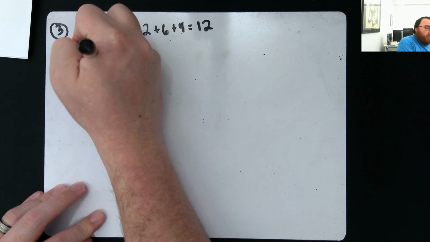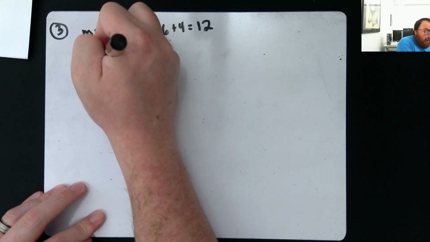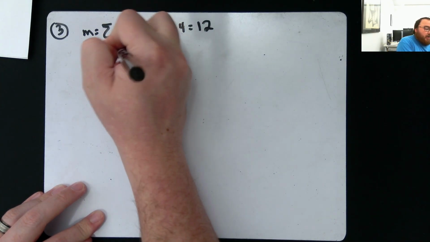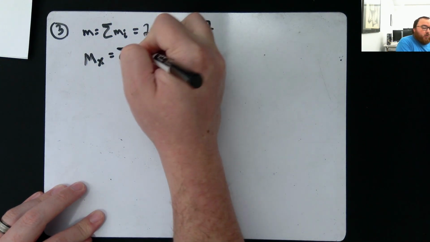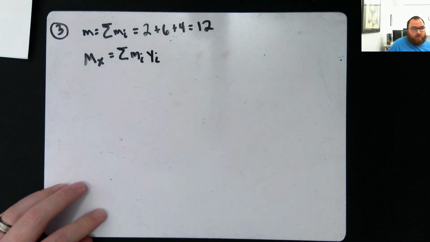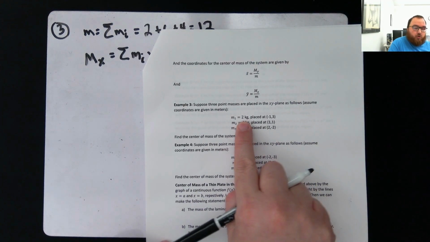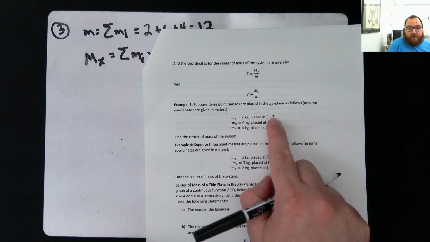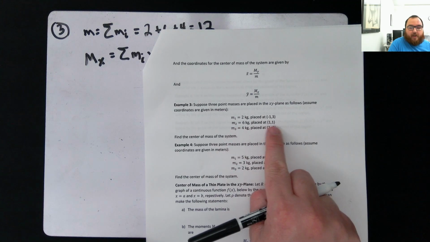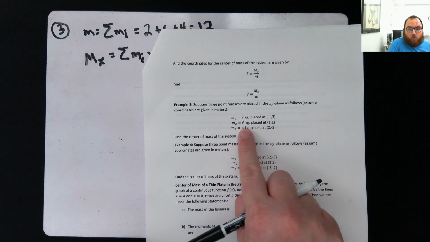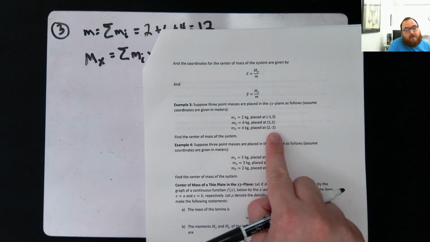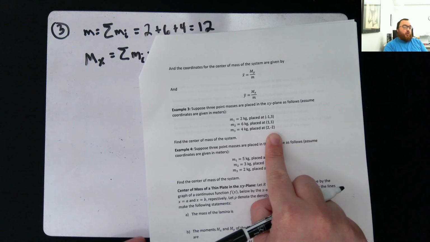Now I'm going to do the moment about X first. Remember, that's the sum of every mass times where I am on the Y. So for this one, 2 is at Y equals 3. 6 is at Y equals 1. And 4 is at Y equals -2.